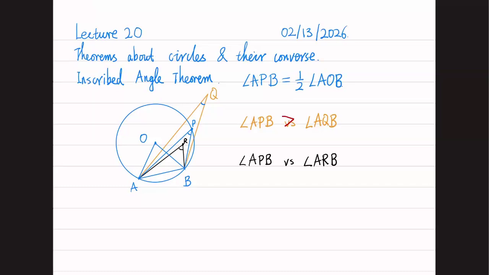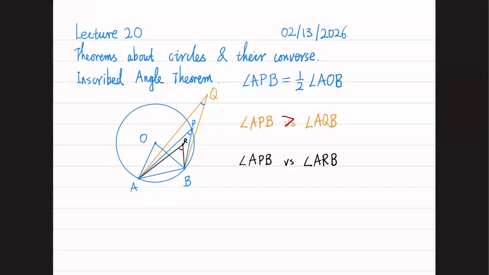Jessica, what do you think? Wait, I couldn't hear the question. So angle APB, angle ARB, these two angles, which is bigger, which is smaller, or are they the same? I think they're the same.